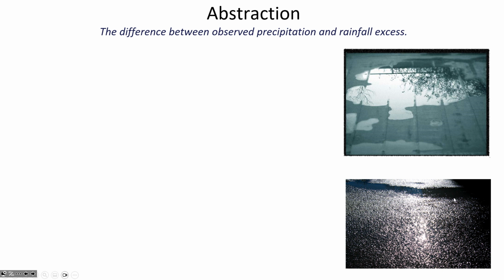So there are a few other things besides evaporation and infiltration that we haven't talked about that reduce the amount of precipitation that's available for rainfall excess. So this is a new term, I think, that I'm just introducing for the first time, rainfall excess. So rainfall excess is what's left over after all of the abstractions have been satisfied.